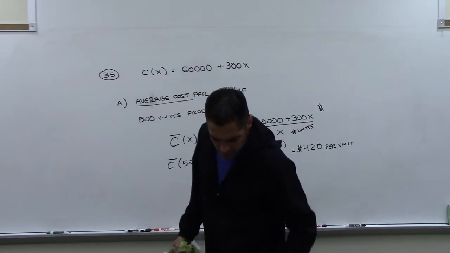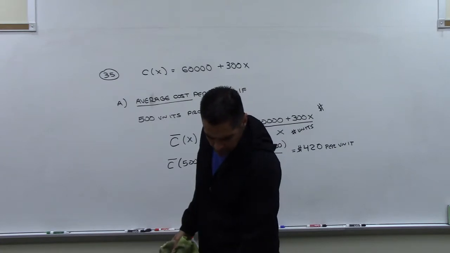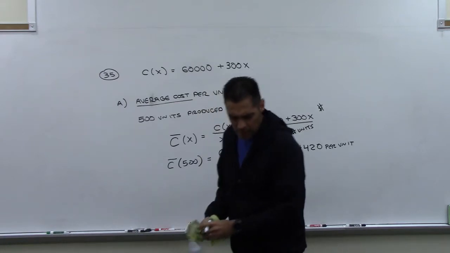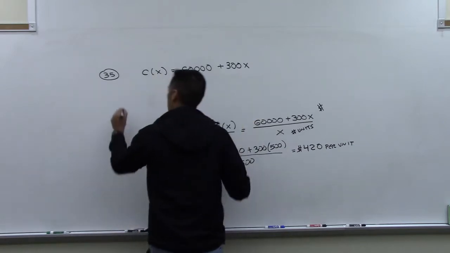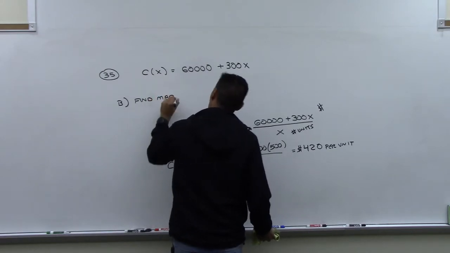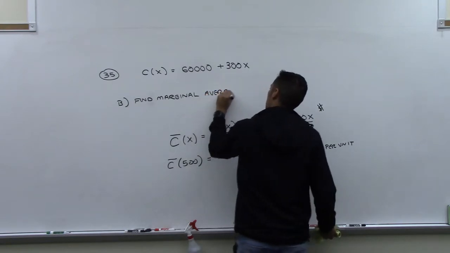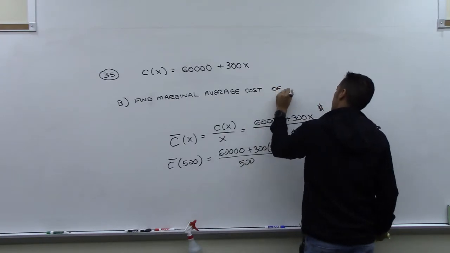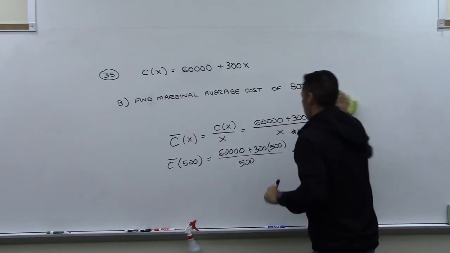Now the next question is to find the marginal average cost at a production level of 500 units. The marginal average cost. Okay, so part B, find the marginal average cost, and you should be thinking derivative as soon as you see marginal, of manufacturing and selling 500 units.